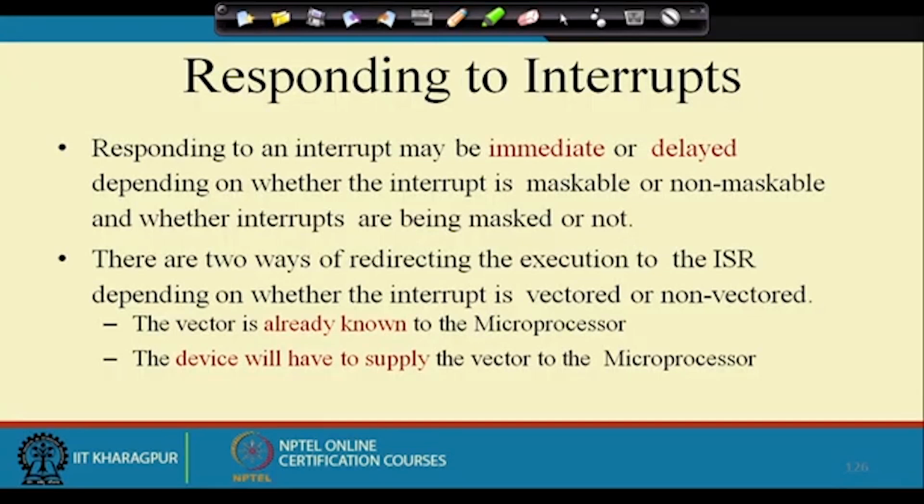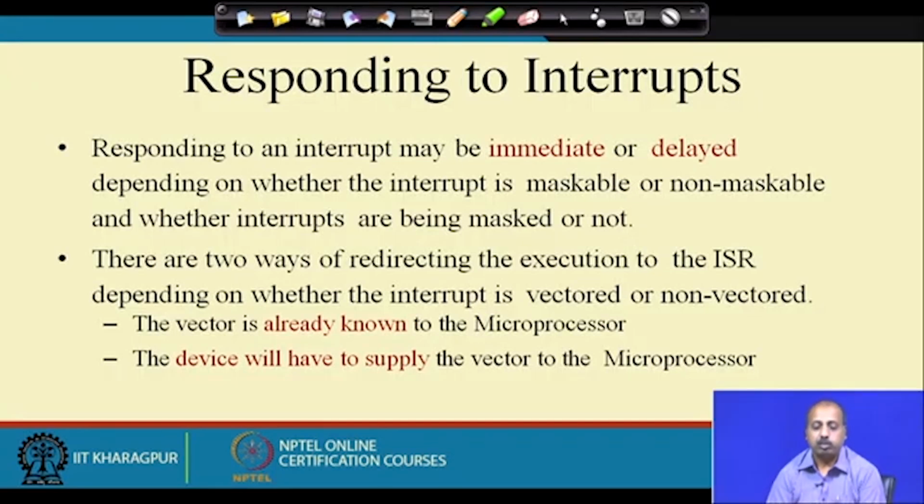The time at which you respond to the interrupt may be immediate or may be delayed. Depending on whether the interrupt is maskable or non-maskable, the response time may vary. If the interrupt is not masked, then it is expected that the response will be immediate.